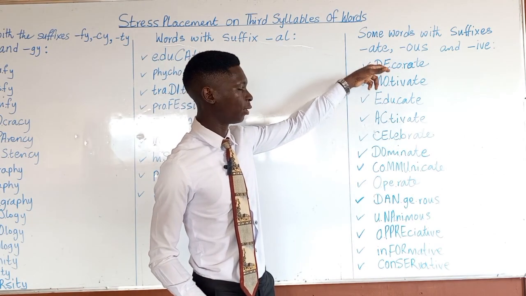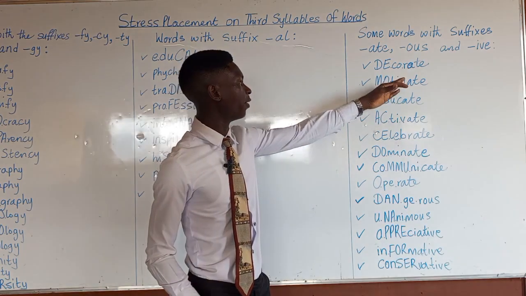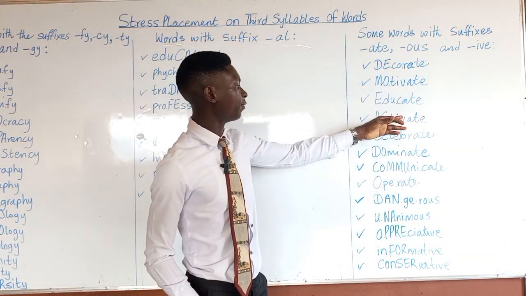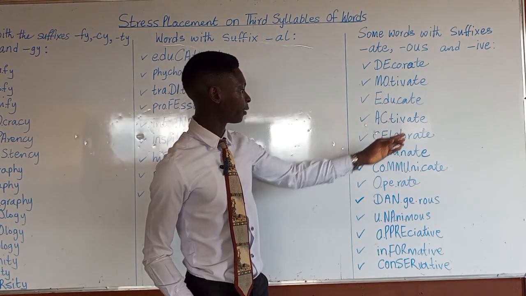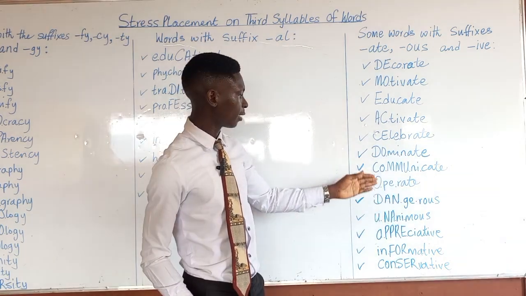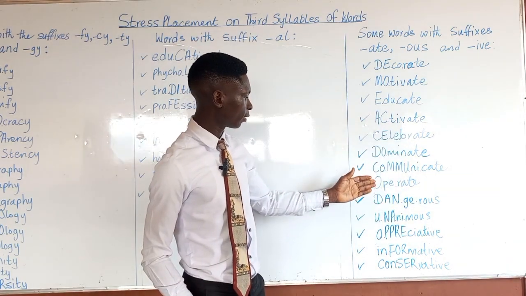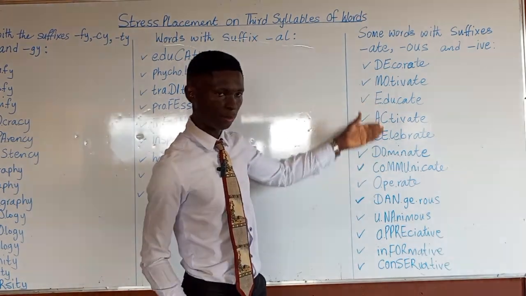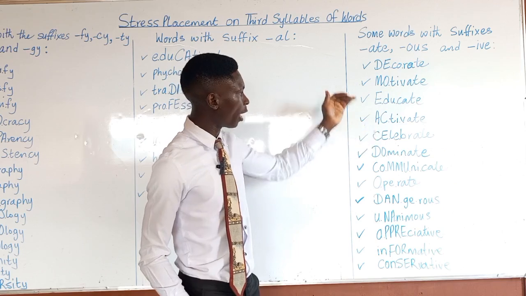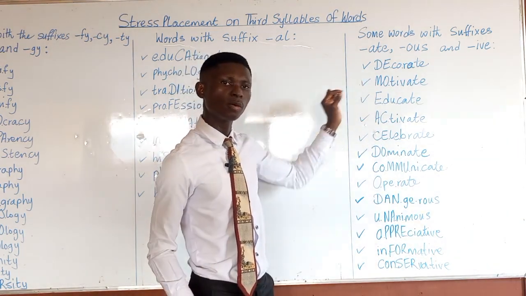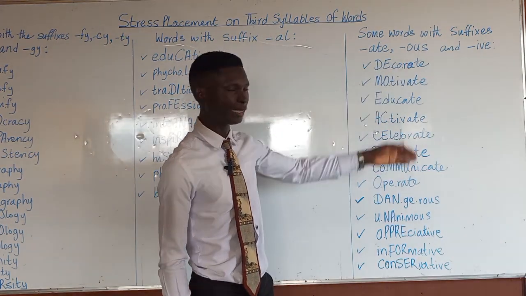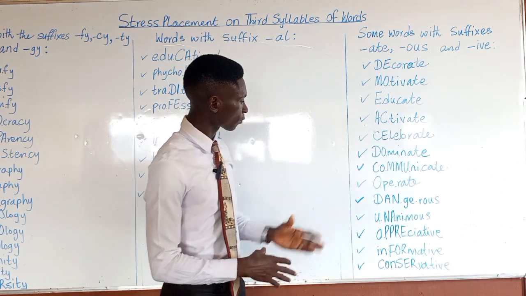So you have decorate, motivate, educate, activate, celebrate, dominate, communicate, operate. So all these are verbs. So when you want to use them, ensure you pay attention to where you have the stress. Remember, there are words with ate suffixes.